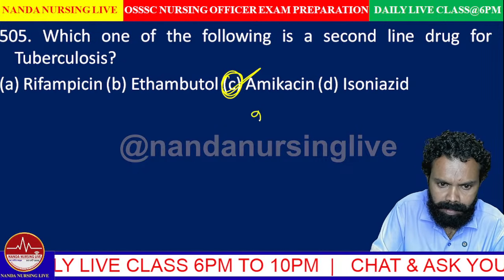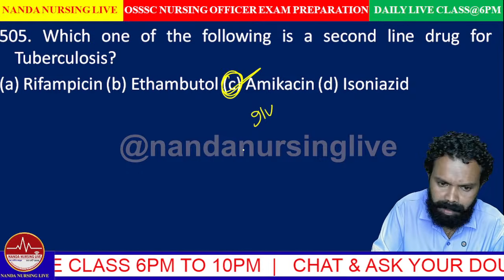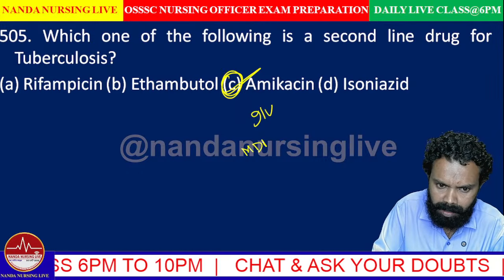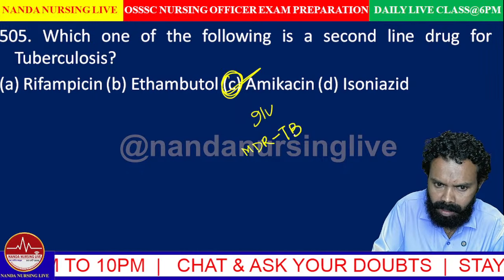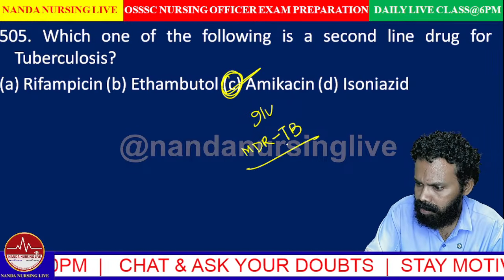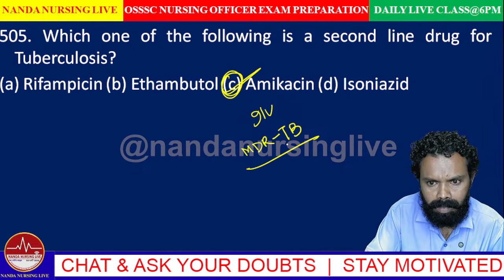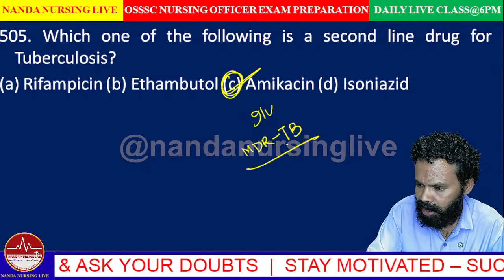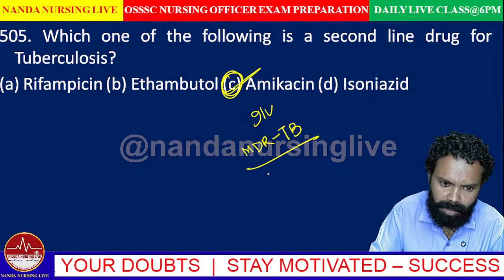Amikacin is given IV for MDR TB, multi drug resistant tuberculosis.